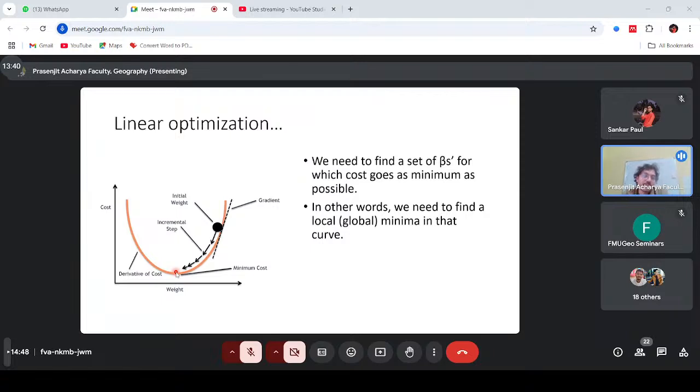That point is basically the point where the corresponding beta 0 and beta 1 will give you the best solution, where you can get the minimum sum square error, and that point is called the global minima. Sometimes it is called local minima, depending on how the curve is bending.